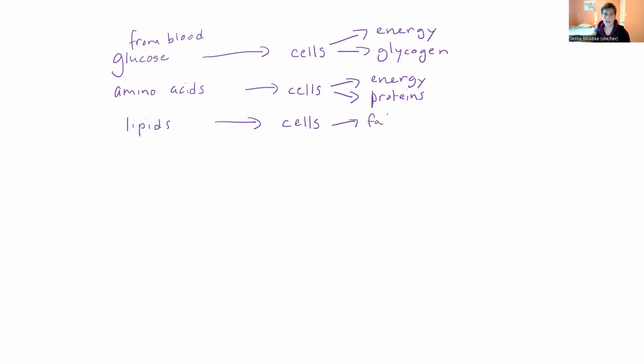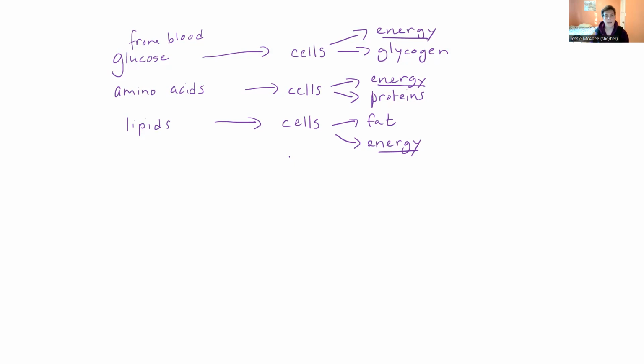And also, if energy is needed, they can be used for energy. Last week we focused on that first process. This time we're going to focus on converting the energy stored in those molecules into energy that can be used by the cell, mostly in the form of ATP.